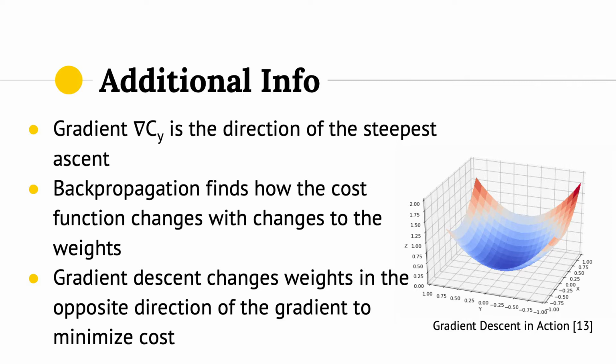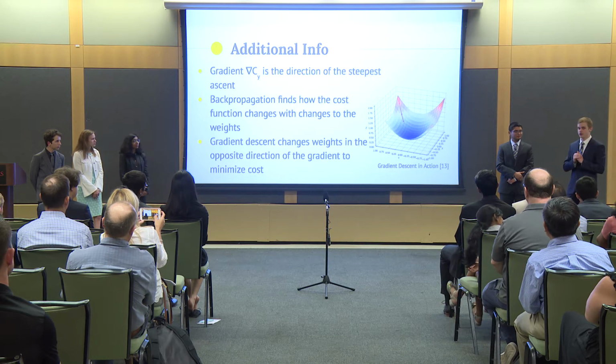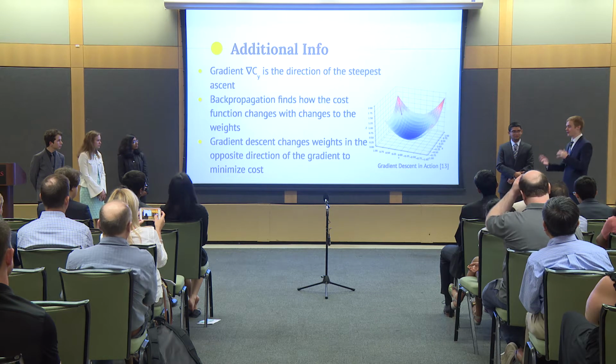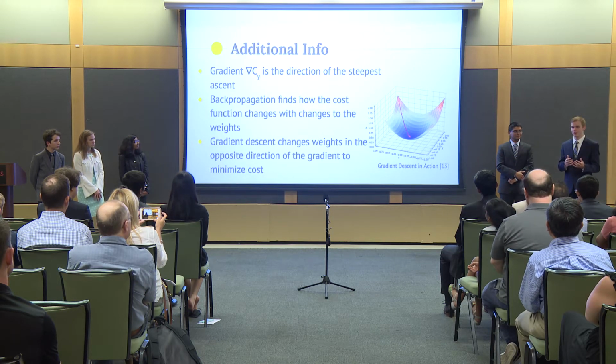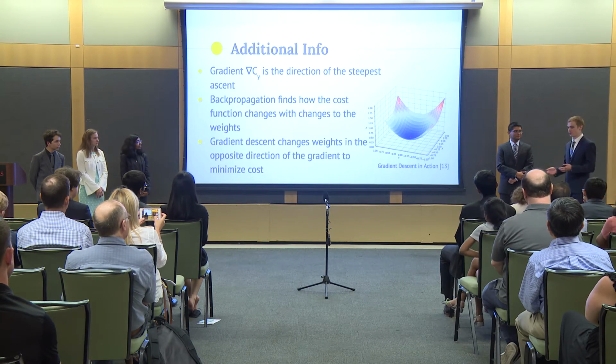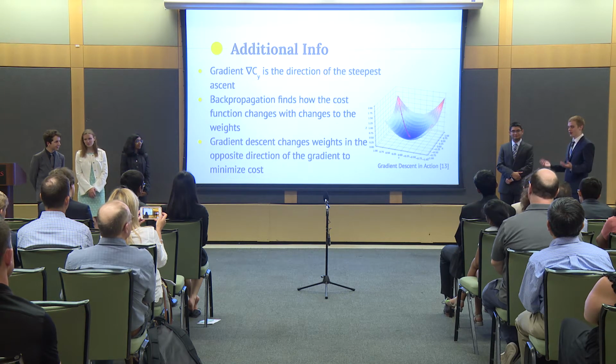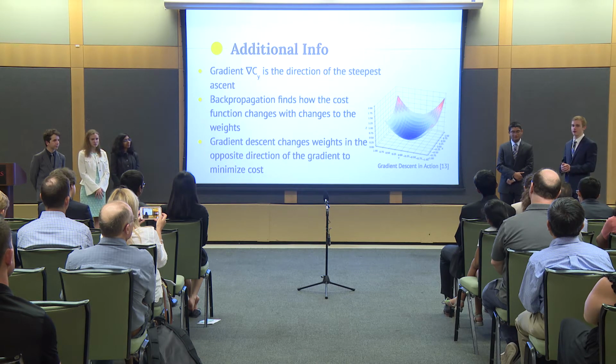This picture represents gradient descent with only two variables, x and y, and z being the cost function. The goal is to minimize z, which is the cost or the error in our network. Again, you would have more than two variables, so that would be thousands or tens of thousands. This would eventually turn into a 10,000 dimensional graph, which is why you need linear algebra and multivariable calculus in order to calculate it.